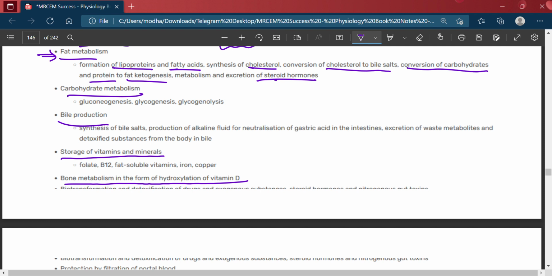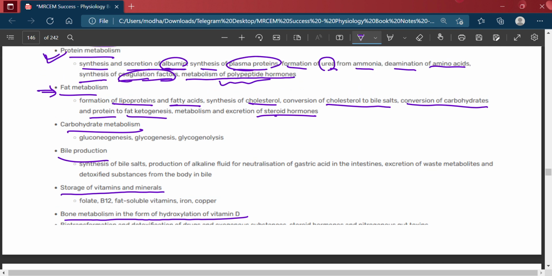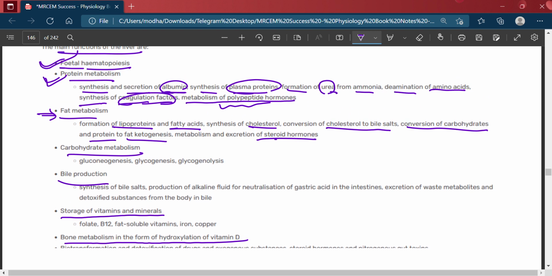So what we have seen here is that in the protein metabolism, synthesis and secretion of albumin, synthesis of plasma protein, formation of urea from ammonia, then deamination of amino acids, synthesis of the coagulation factor, and the metabolism of the polypeptide hormone. These are so many things which happen in the liver.